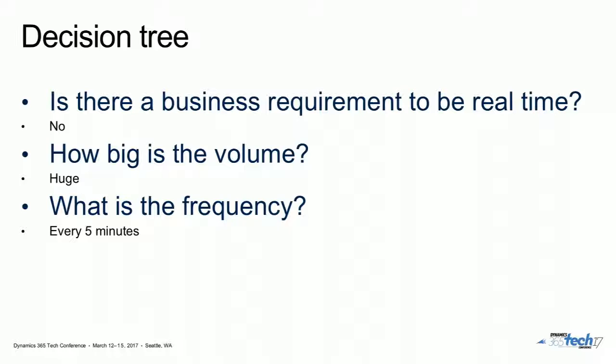As I said, the volume was very high because they service most of the insurance requirements for all the carriers within the US for mobiles. The frequency for now, we agreed, is every 5 minutes. They were okay if they wanted to go to 10 minutes or 15 minutes. That was not a real concern. But from what we have seen, 5 minutes works okay.